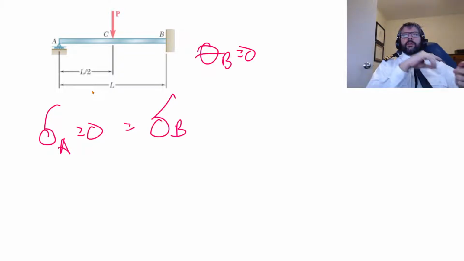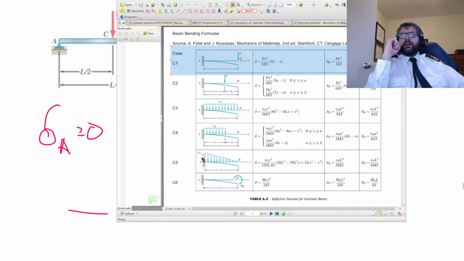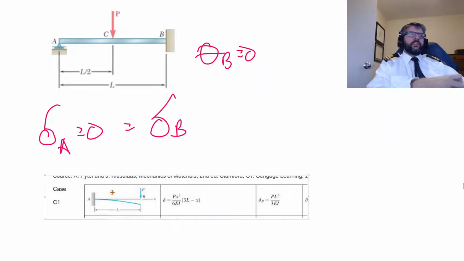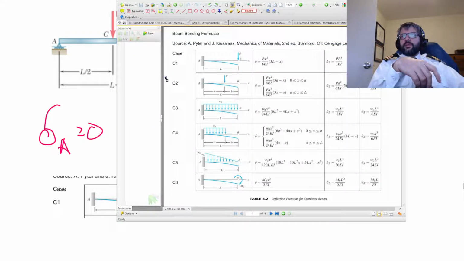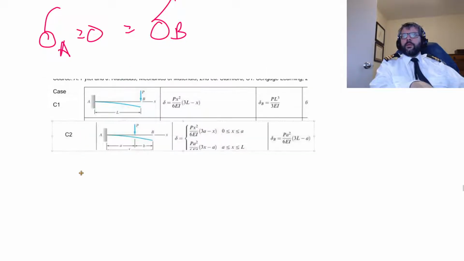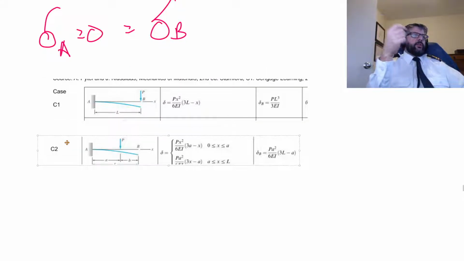So I think the easiest way to do this would just be to use the cantilever beam formulas and use this one where our P is the reaction at A, and then use this one where the P is the actual P applied.